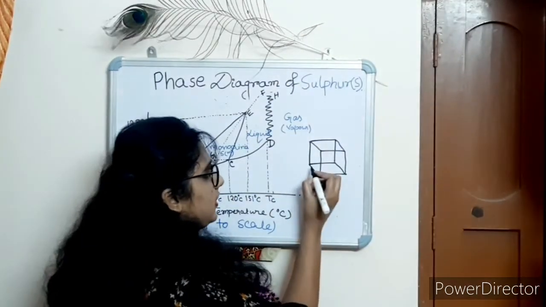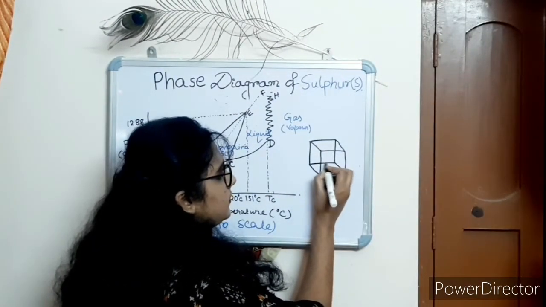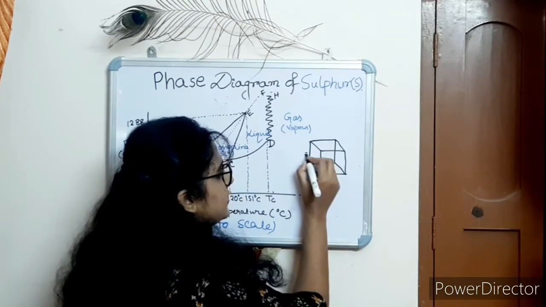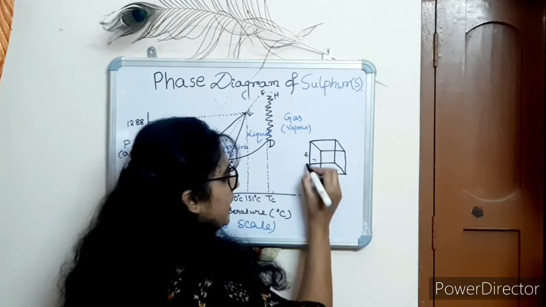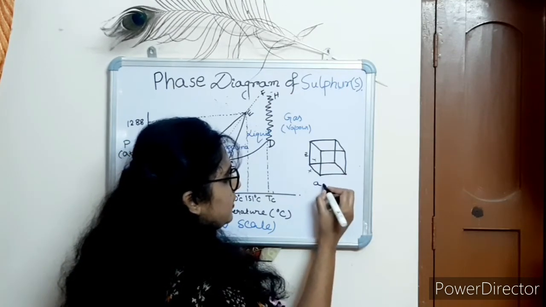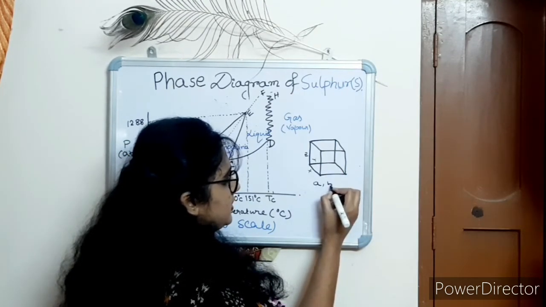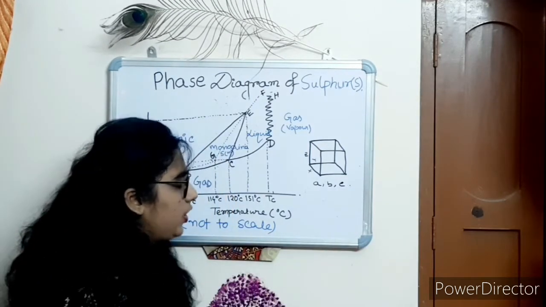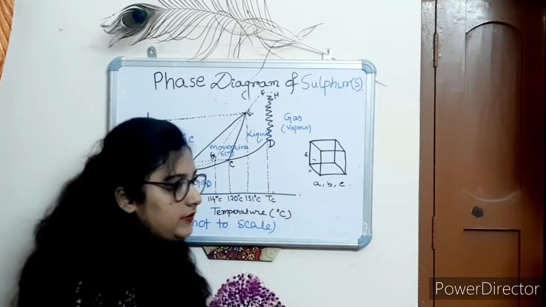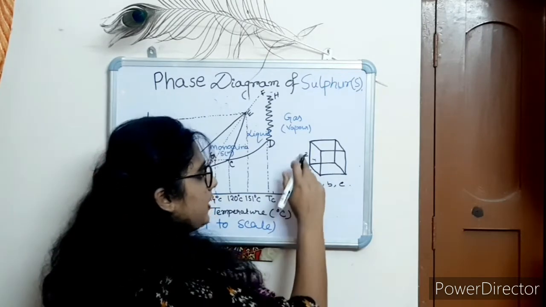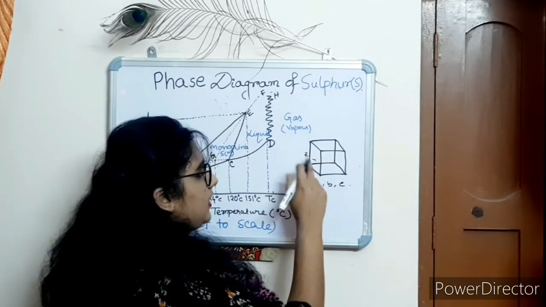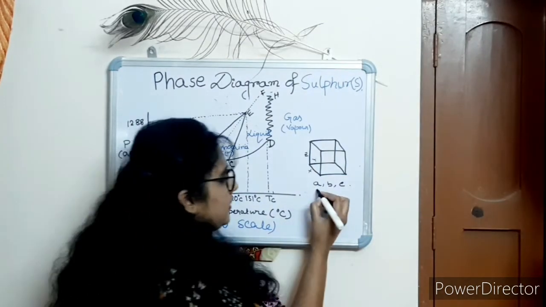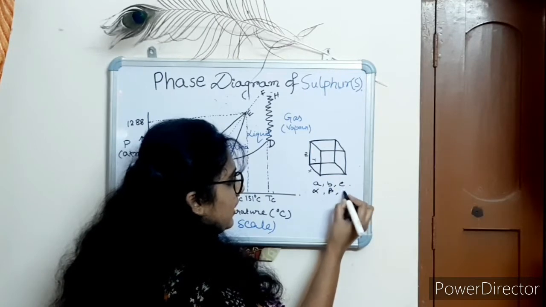So there are three axial lengths. If this is the y axis, this is the x axis, and this is the z axis, then along the x axis the length is a, along the y axis the length is b, and along the z axis the length is c of the cube. And there are interfacial angles between xy, yz and xz, and they are denoted as alpha, beta and gamma.